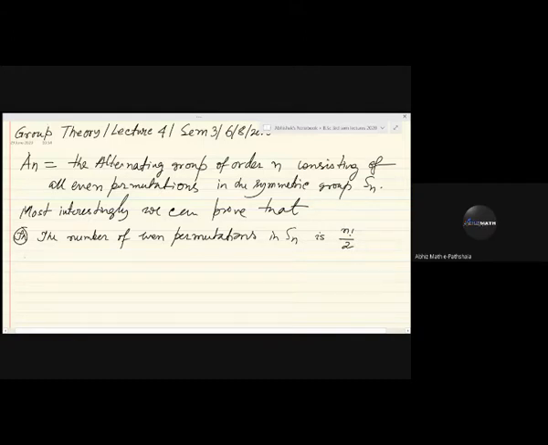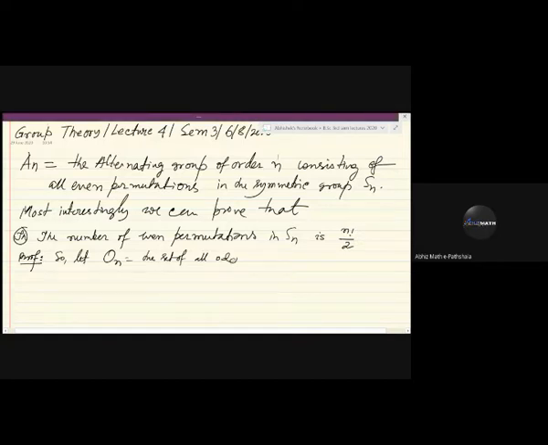So let On be the set of all odd permutations in Sn. And we have already denoted An to be the set of all even permutations.